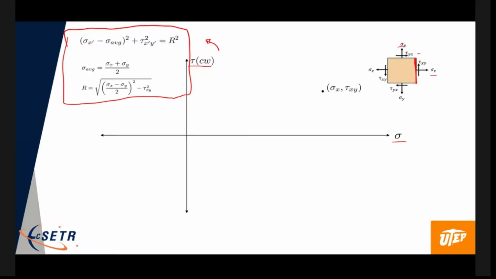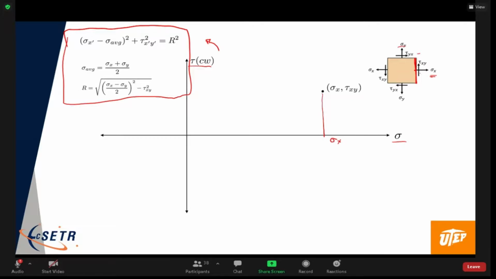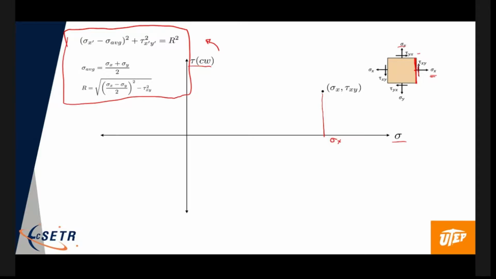I'm going to plot a point that corresponds to this face in this coordinate system. So it's a positive sigma x. There's sigma x. And this shear stress on this face wants to rotate it in the clockwise manner. So it's positive, it goes up. So that gives me a point right here, okay? So this is tau xy.